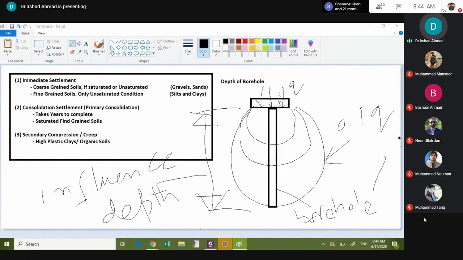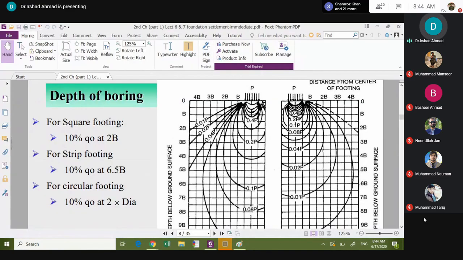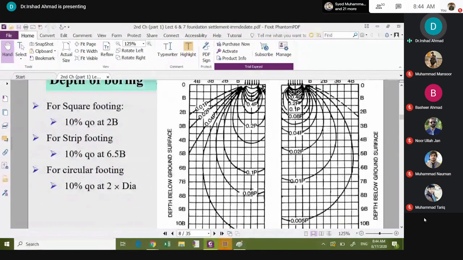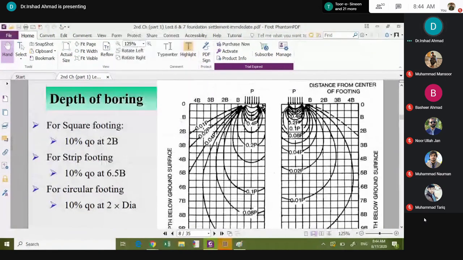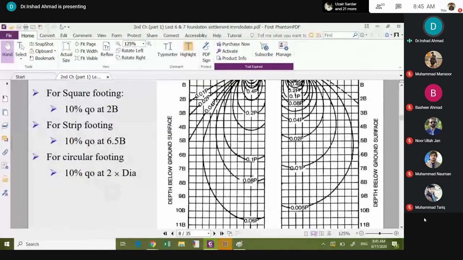Influence depth, the depth where pressure is 10% of Q naught, is 2 times B for a square footing, where B is the width of the footing. So if the width of the footing is 10 feet, you should go up to 20 feet. If you have a circular footing, it should be 2 times the diameter.